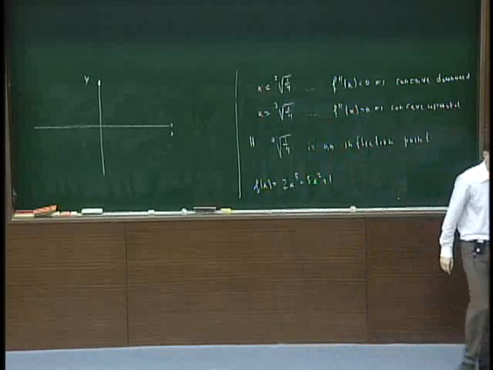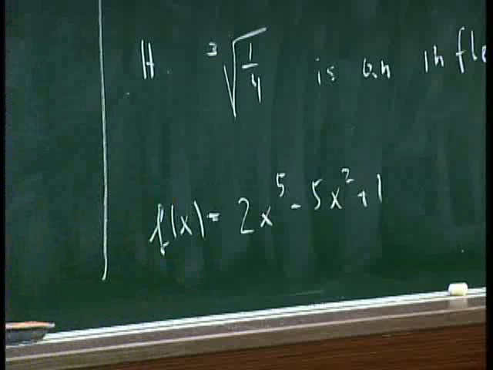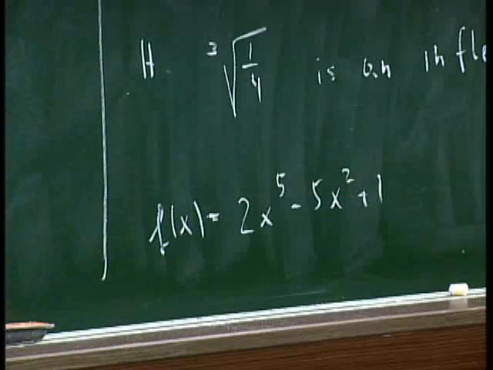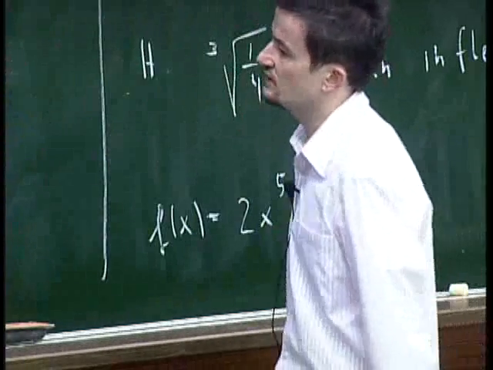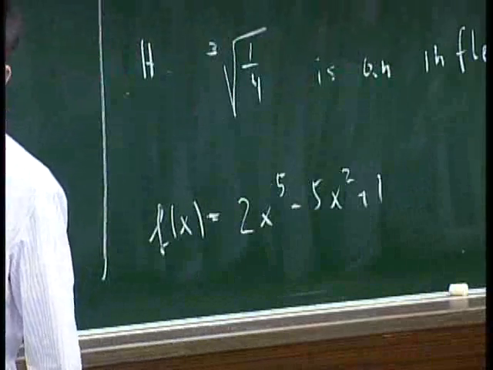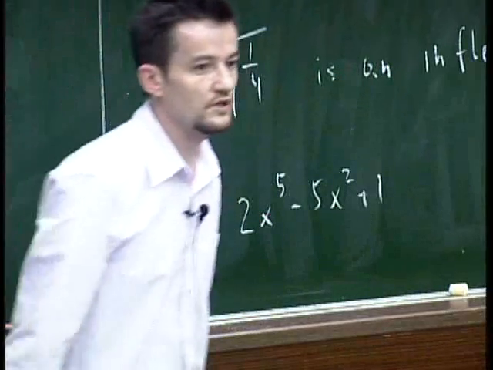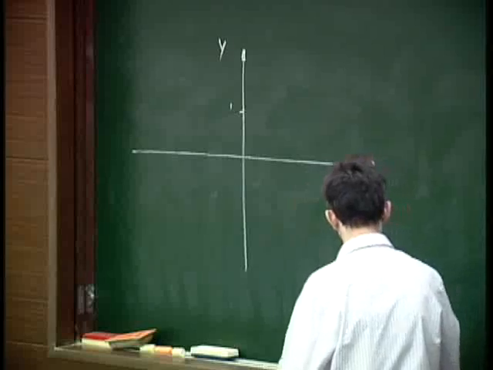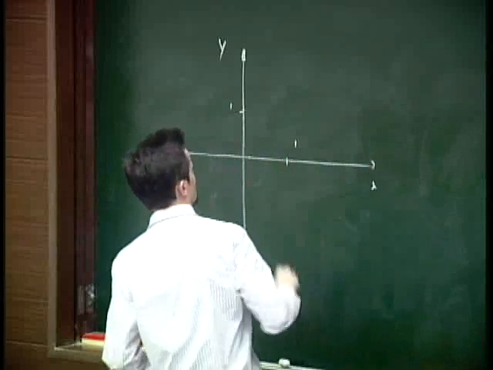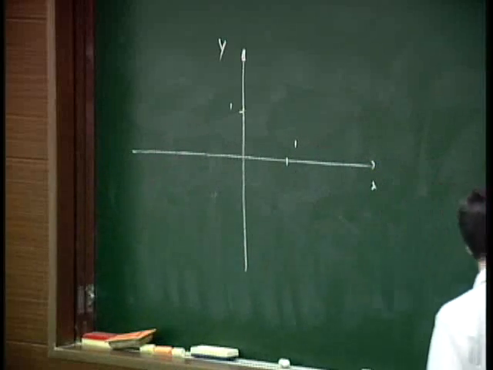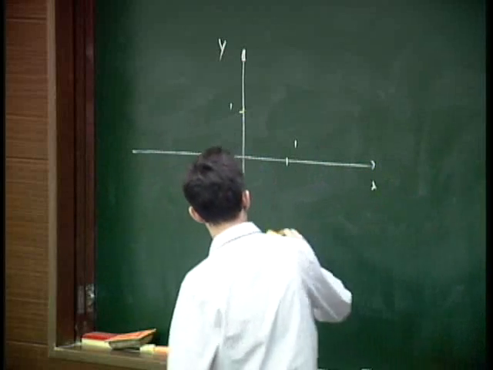So we saw that at x equal to 0, the function is equal to 1. If this here is 1, we saw that the function is increasing to the left and reaches here a local maximum. Then at x equal to 1, if you plug in, you see the function is equal to minus 2.